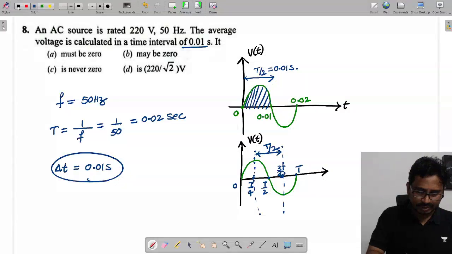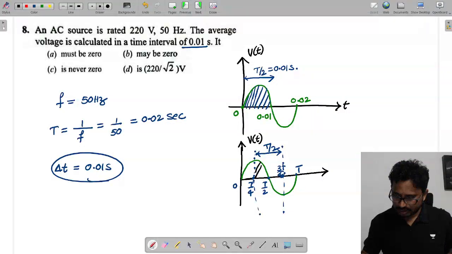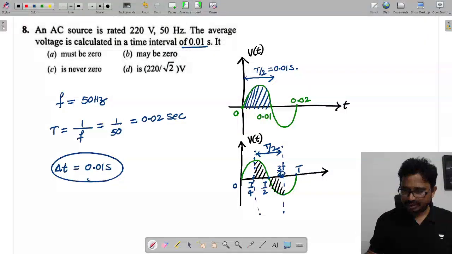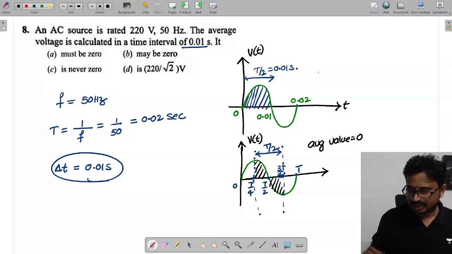Now you can see in this duration we have a positive part area as well as a negative part area. So in this case the average value is 0. In this case the average value is 0. In this case the average value is non-zero.